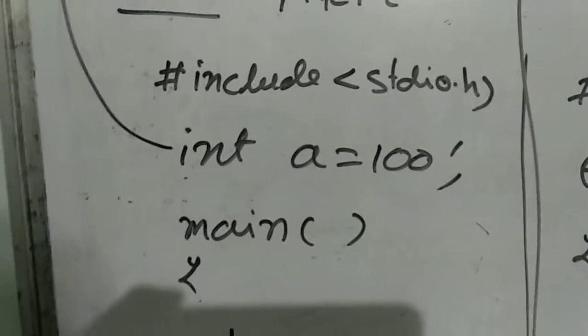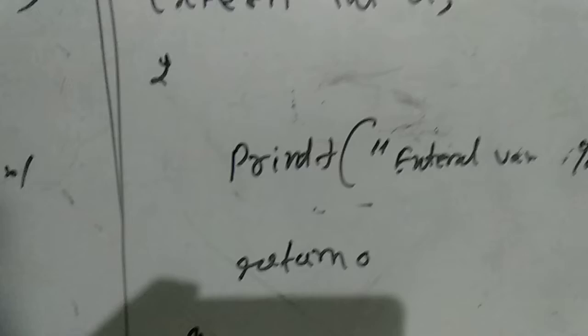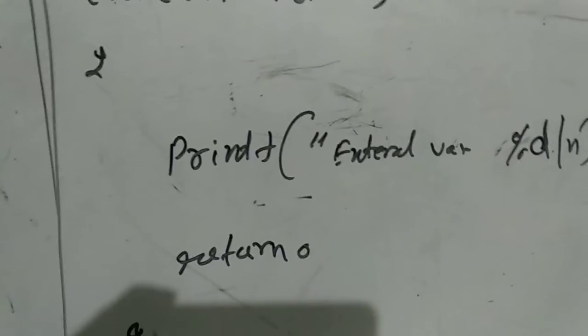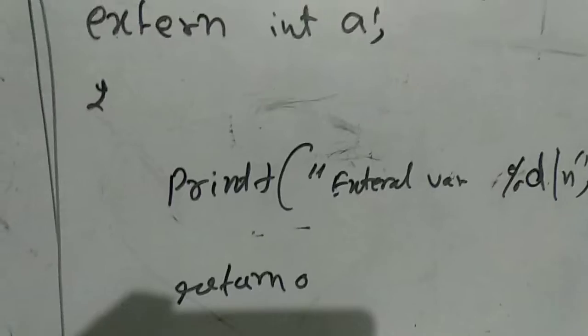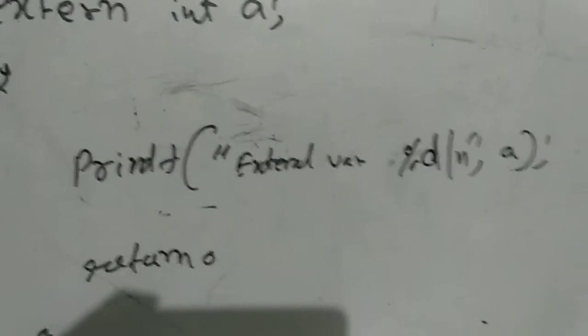Variables defined in one file can be accessed in another file this way. This is about the extern keyword.